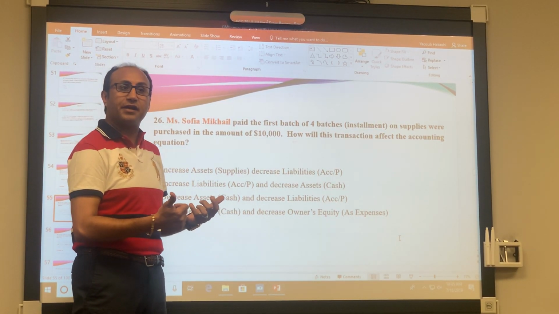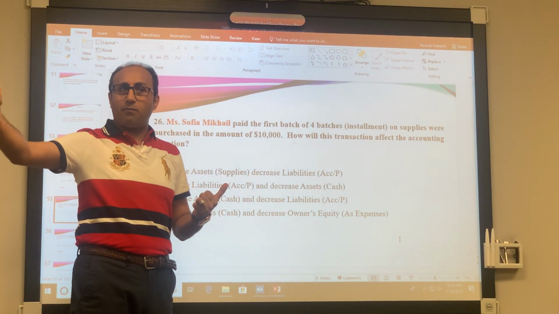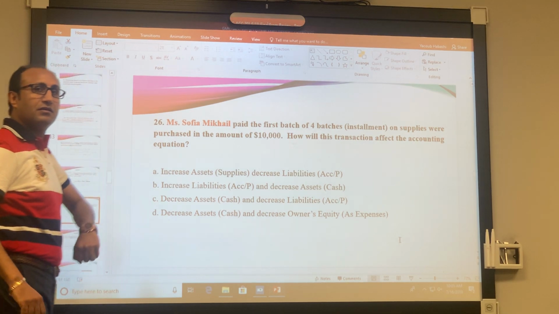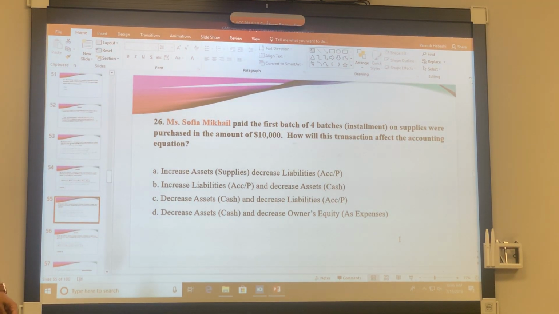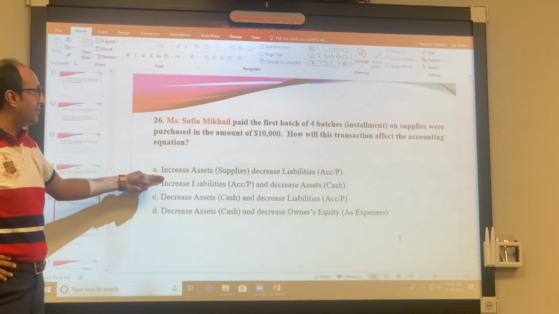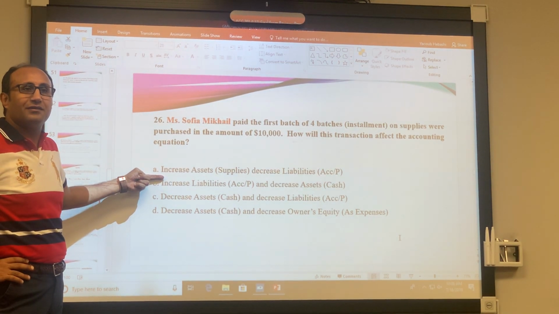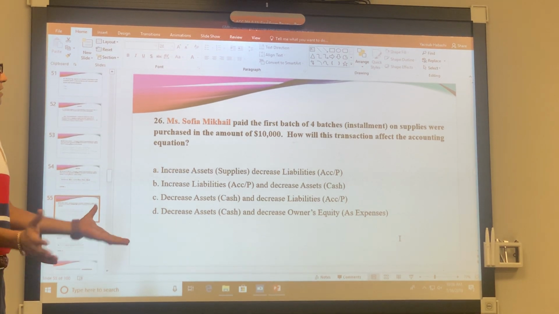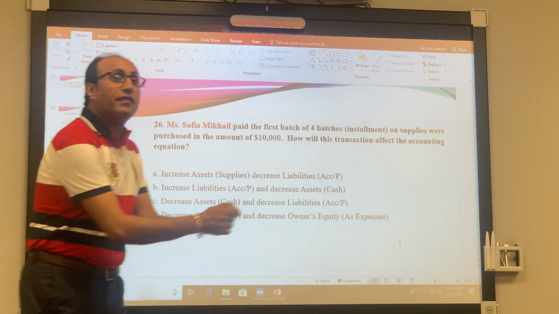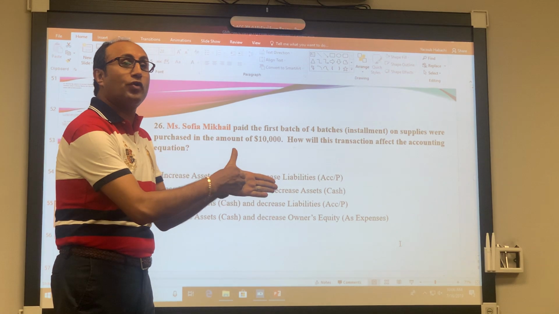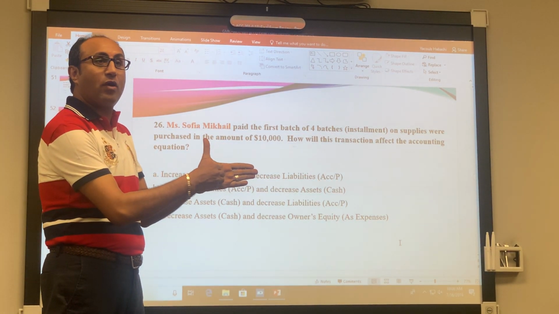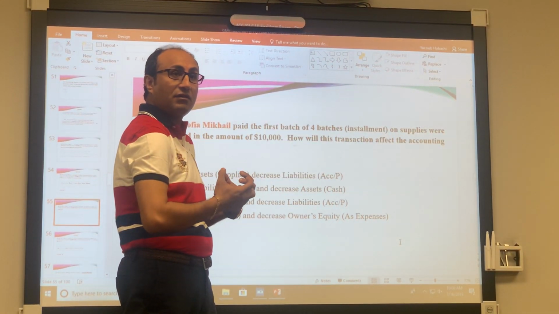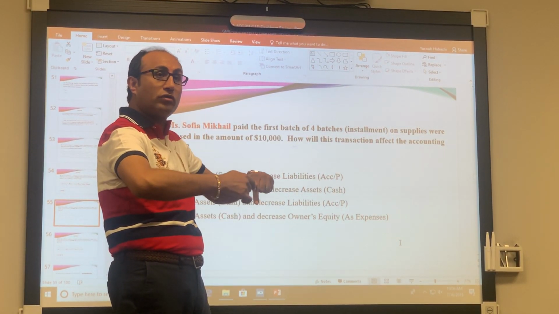So here, assets are going up, and at the same time, are liabilities going up or going down? Going down. That's so confusing. Why confused? Because to me, this problem looks like she got them on account already. Okay, but she paid one of them, but what does she have to record in her book? She has to record the supplies that she obtained, and she also has to record what?